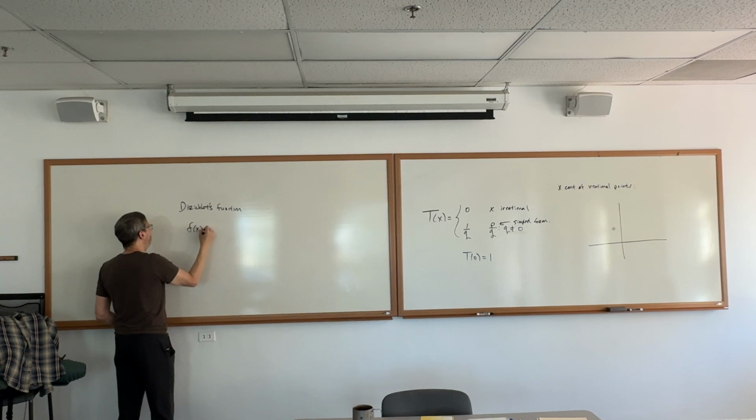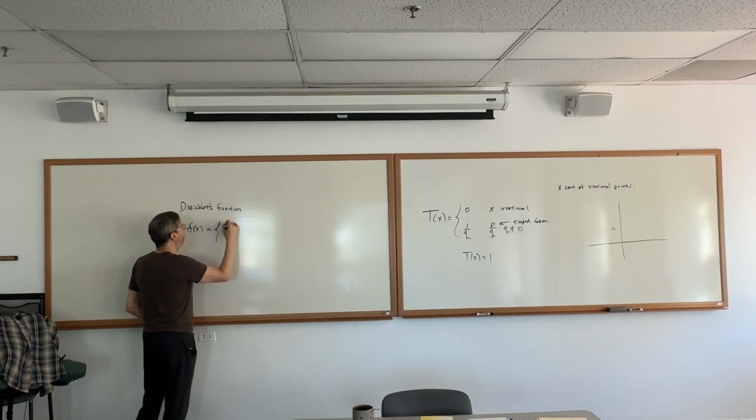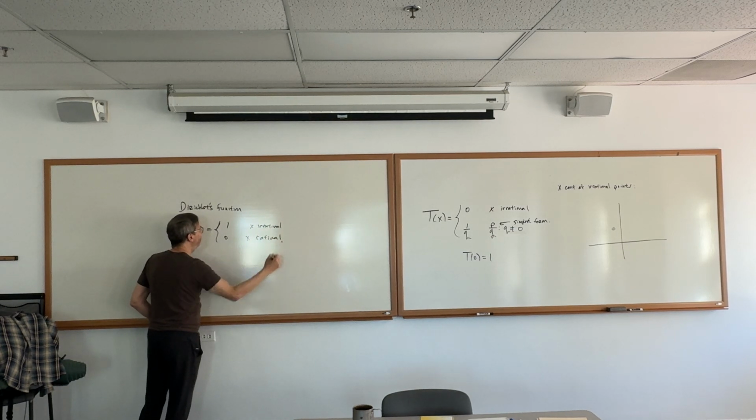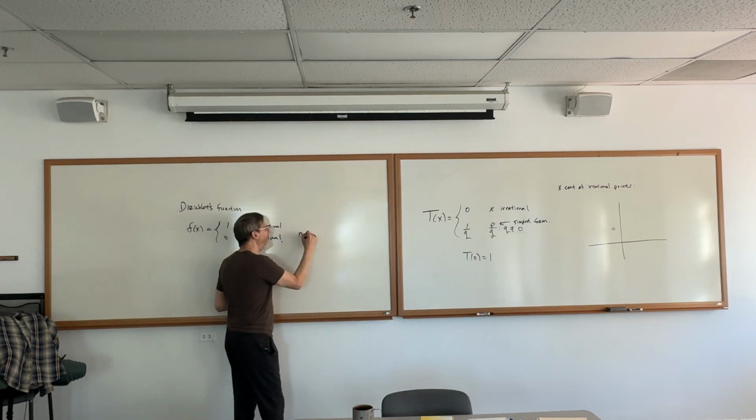Yeah, that sounds good to me. You can honestly do it in either order; I've seen it go both ways. So 1 if x is irrational, 0 if x is rational. That's good. Nowhere continuous. I like it.